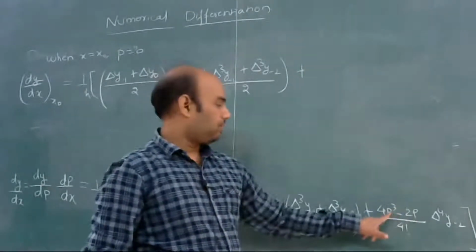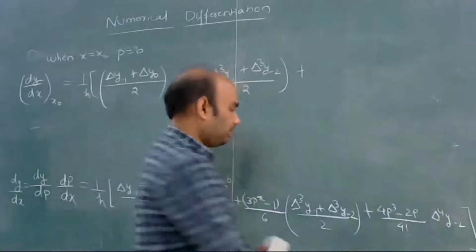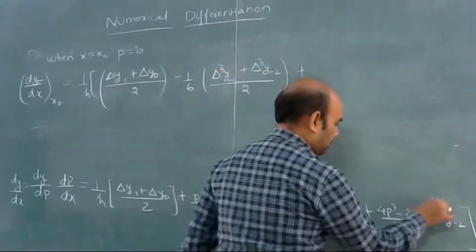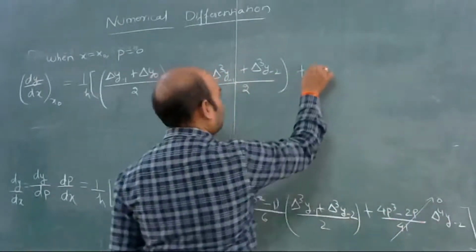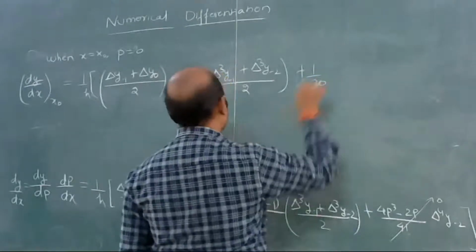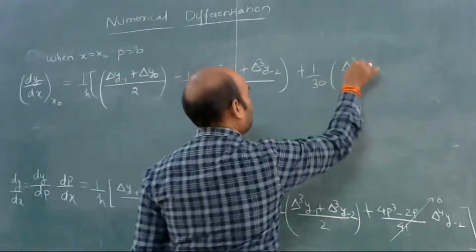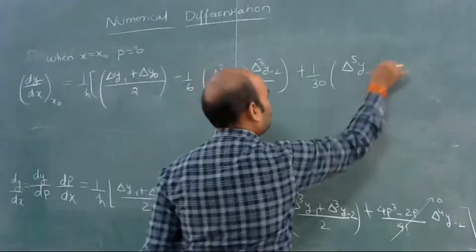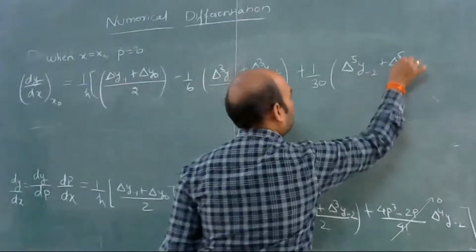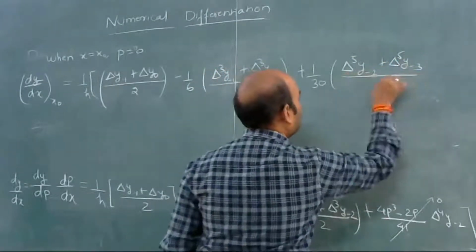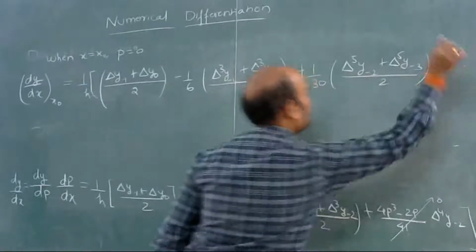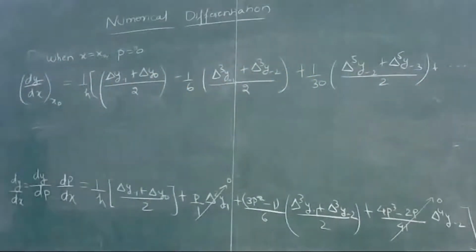If we put p is equal to 0, this whole term will become 0. Then we get third, that will be 1/30 (Δ⁵y₋₂ + Δ⁵y₋₃) divided by 2. So you will get this formula.